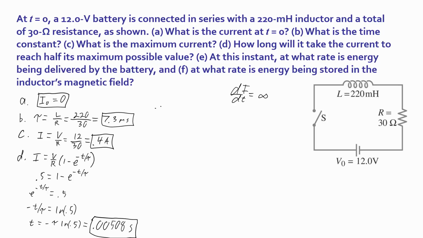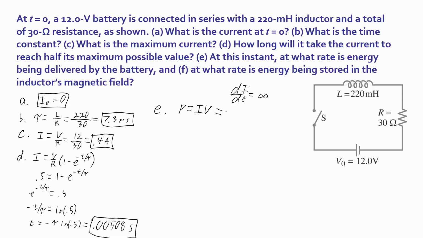Alright, part E. At this instant, what is the rate of energy being delivered by the battery? Rate of energy is a fancy way of saying power. And power is I times V. Now you have to be careful what V you're plugging in here. If you're finding the power dissipated by the resistor or the inductor or the battery, you would need to plug in the voltage drop across whichever of those you're interested in.